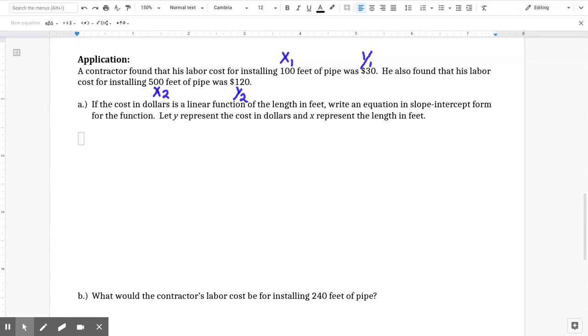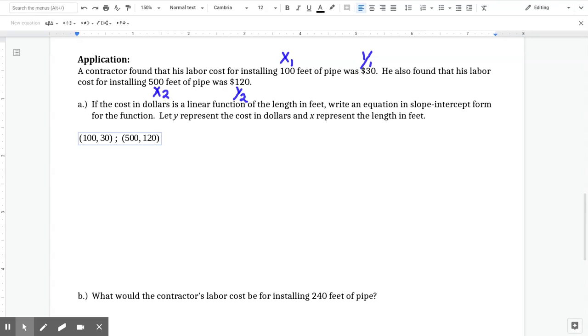The first set that we were provided was 100 feet of pipe and $30, so that would be the ordered pair (100, 30). The other ordered pair that was discussed was 500 feet of pipe and $120 of labor cost, so (500, 120).